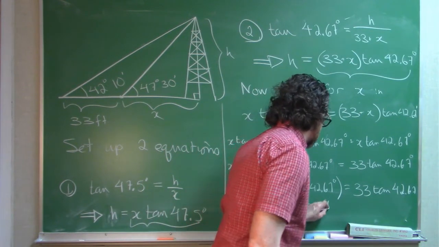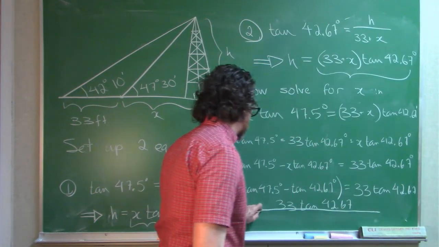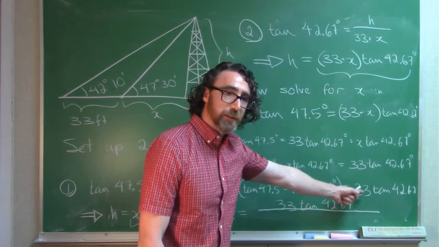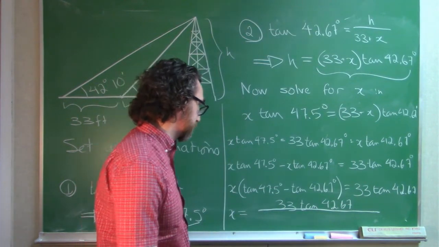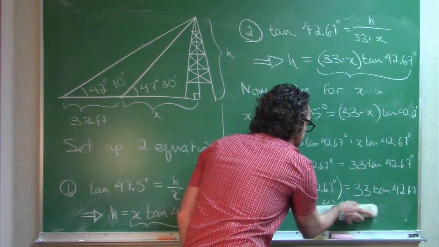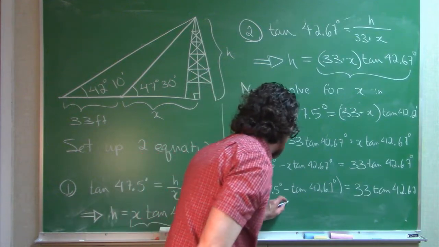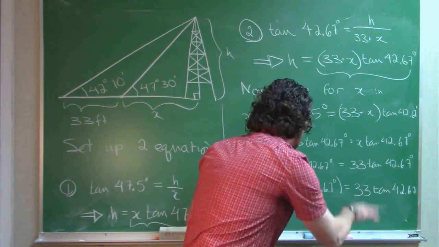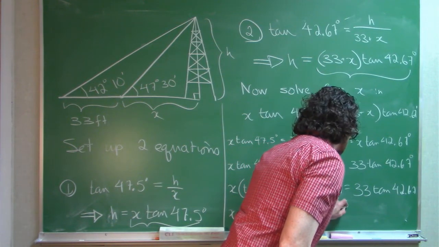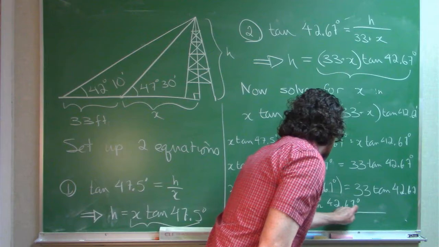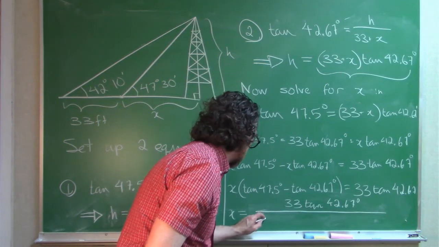We know x times this is equal to 33 times tan 42.67. So we take that and divide both sides by what's in parentheses right there.